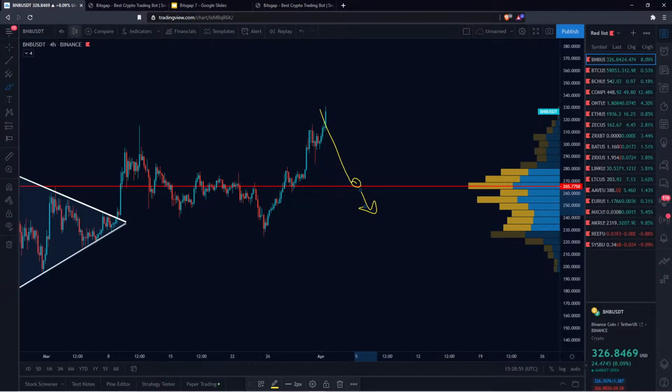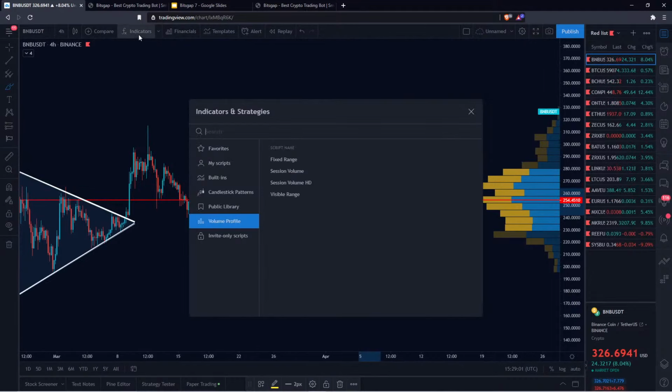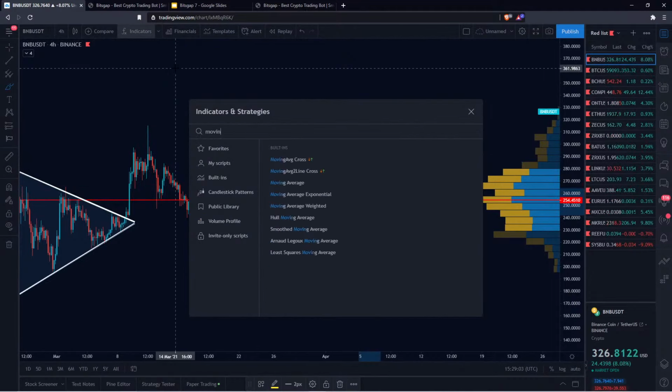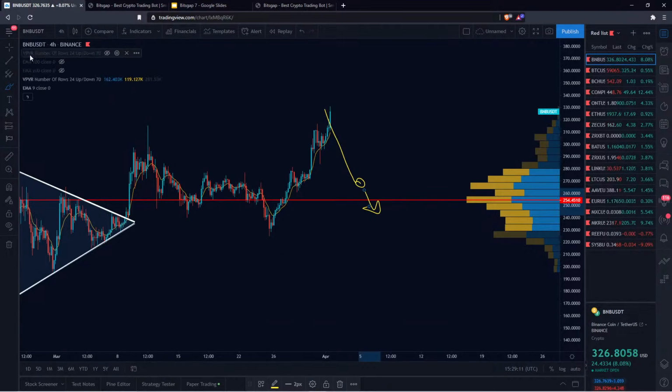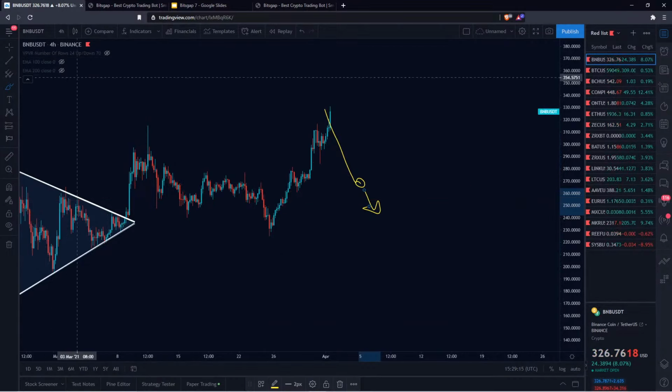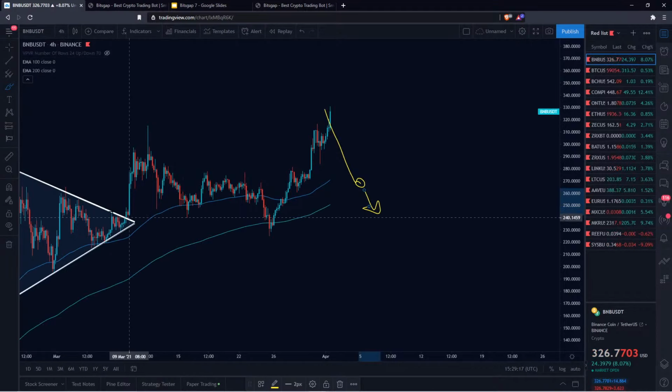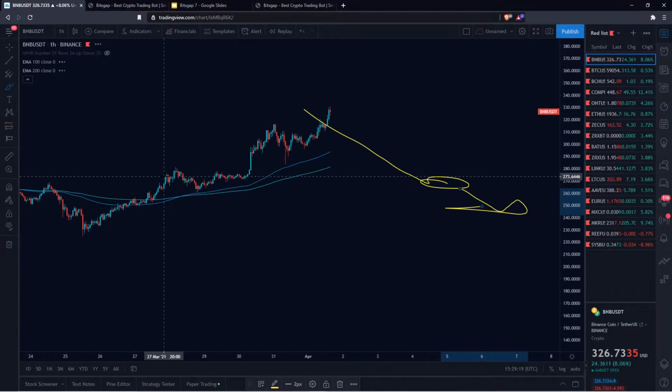We also have other tools, for example moving averages. Why not a moving average? Let's use the exponential. Let's actually use two. Oh sorry, I already had them all, so let's remove some of them. Let's switch to 1 hour maybe.